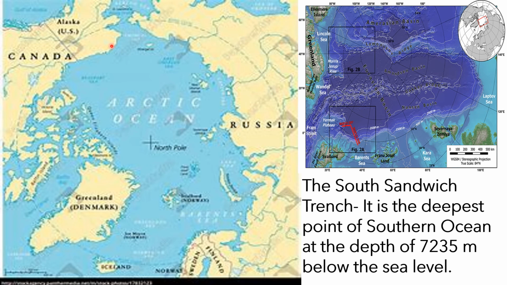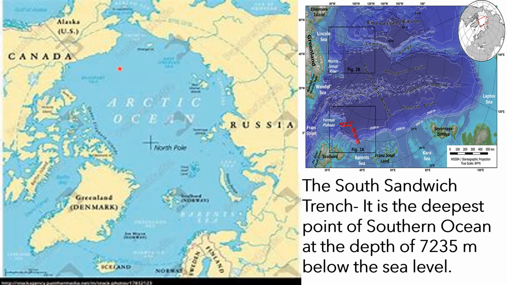Russia, Canada, Greenland, Iceland, Norway, and the United States border along the Arctic Ocean. The Arctic Ocean is connected to the Atlantic Ocean by the Greenland Sea. And the Pacific Ocean by the Bering Strait.